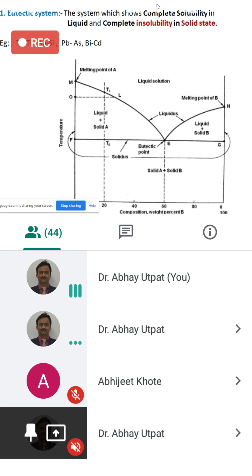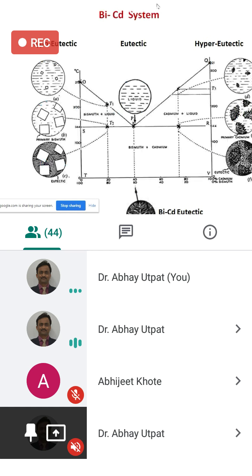So instead of taking the name eutectic, the question may be twisted. Explain the phase diagram which shows complete solubility in liquid and complete insolubility in solid state, and explain cooling of any one alloy. So out of these three, you can explain any one.